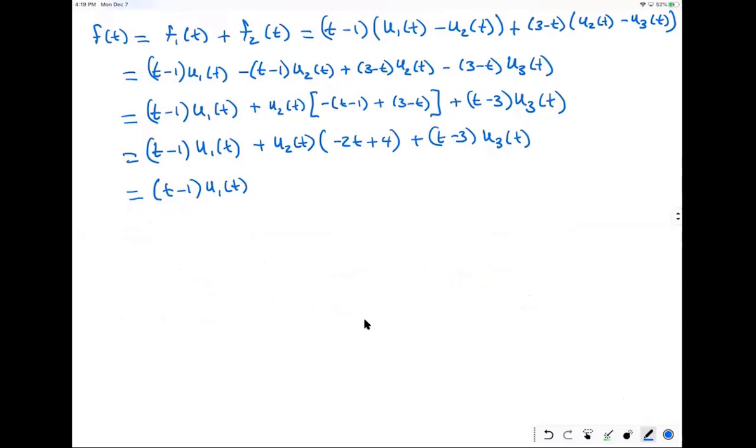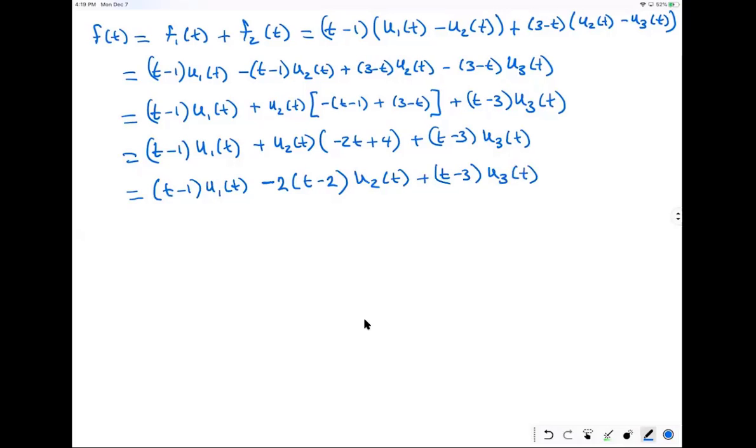And then if I factored out a minus 2, I'd end up with a t minus 2 times u sub 2 of t, plus a t minus 3 times a u sub 3 of t.